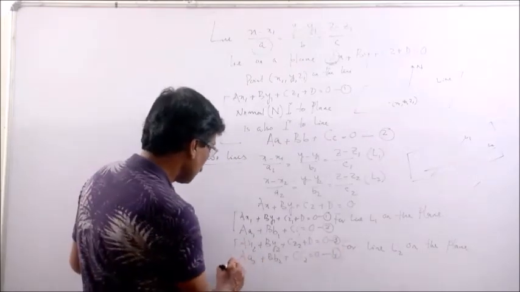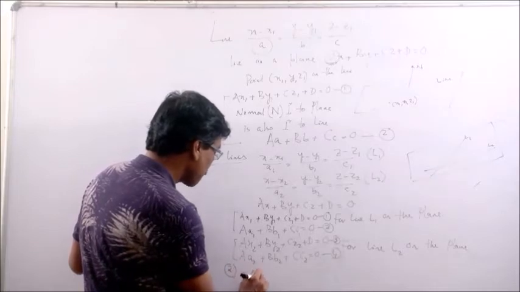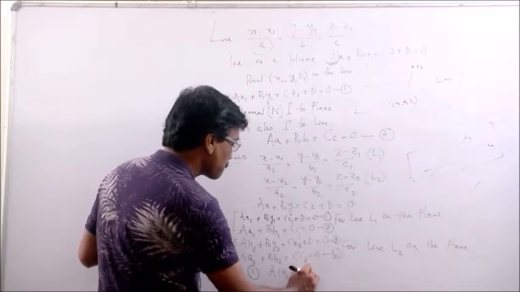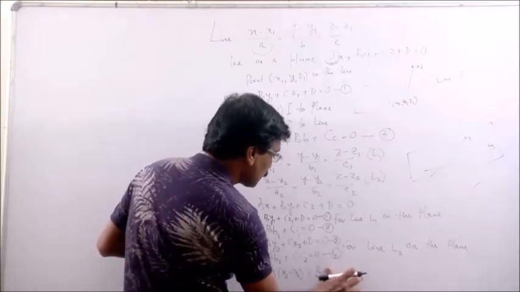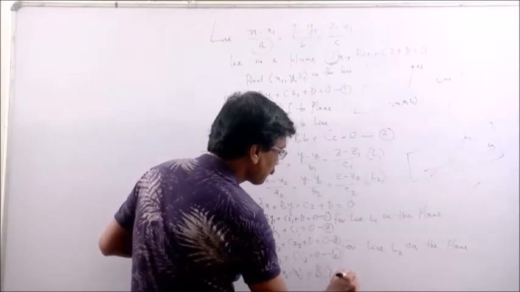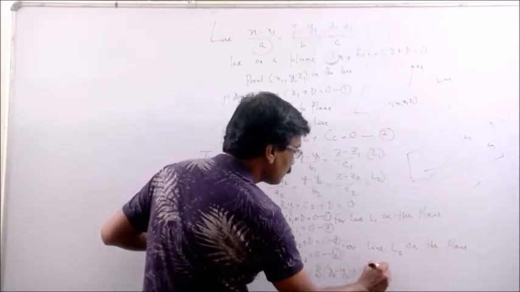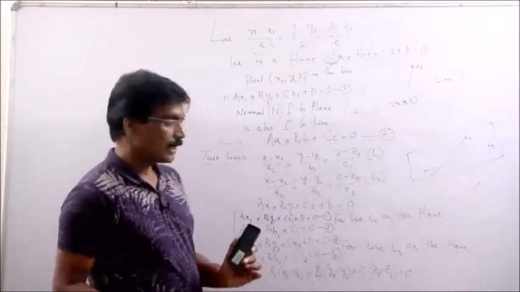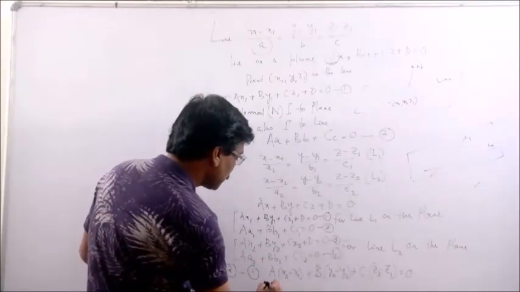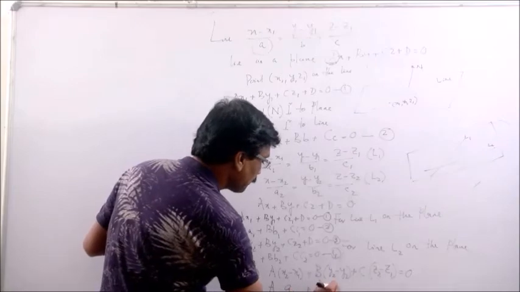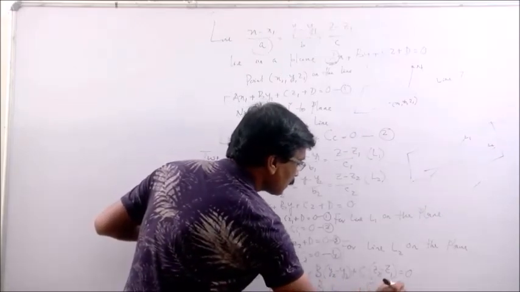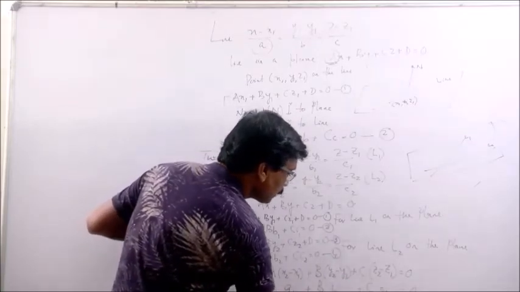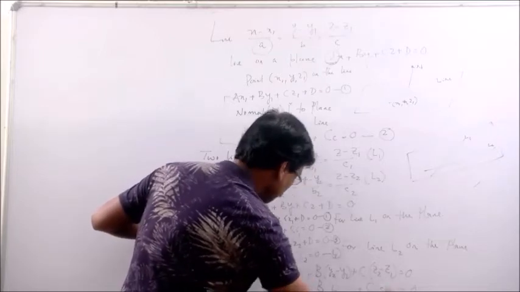Now, subtracting equation 2 minus 1, we have a(x2 minus x1) + b(y2 minus y1) + c(z2 minus z1) = 0. And the other two equations as they are: a a1 + b b1 + c c1 = 0, and a a2 + b b2 + c c2 = 0.